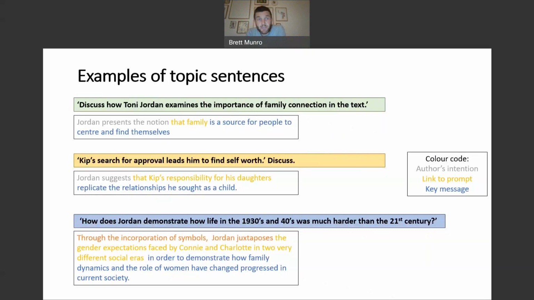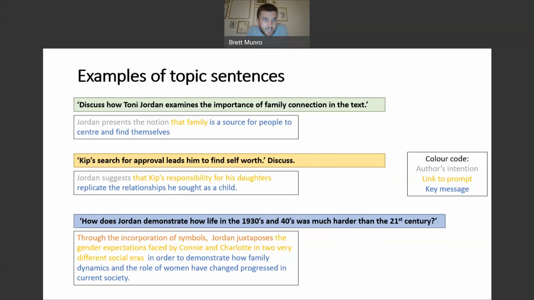So Jordan presents the notion that family is a source for people to center and find themselves. So the link to the prompt are the words that family, and the key message is that family is a source for people to center and find themselves.